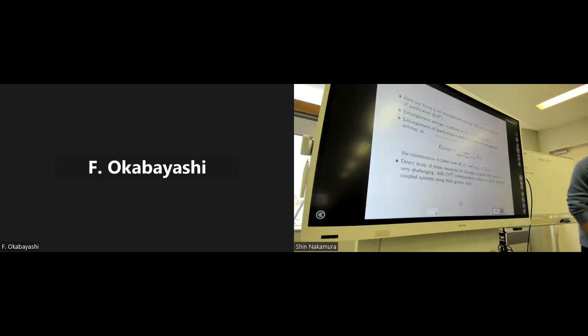Sorry. So since I'm not quite familiar to the purification, so you said that we have to take a minimization of the entropy. Yeah. But how do we know that the state is a kind of minimum, realizes minimum? Okay, I can imagine that suppose that we have some system, then we will put some extra space, extra state to make a purification.